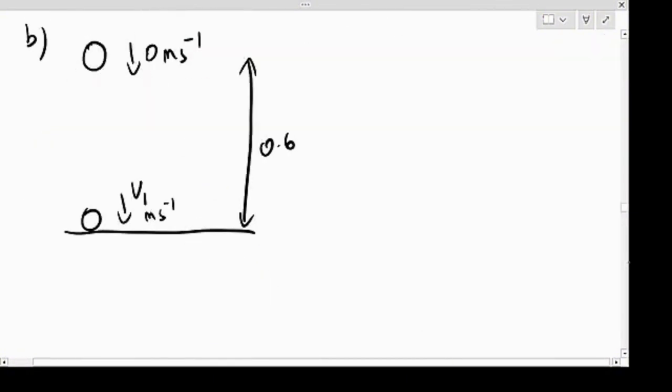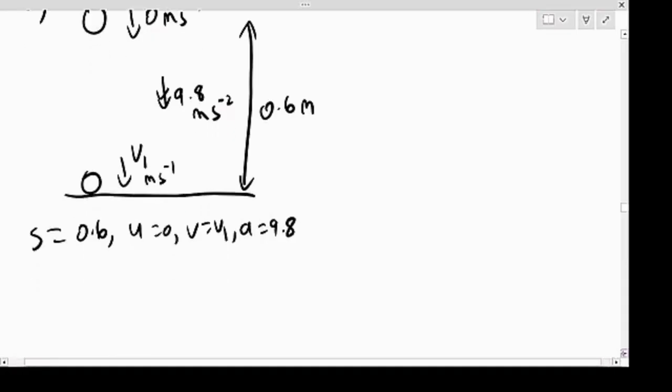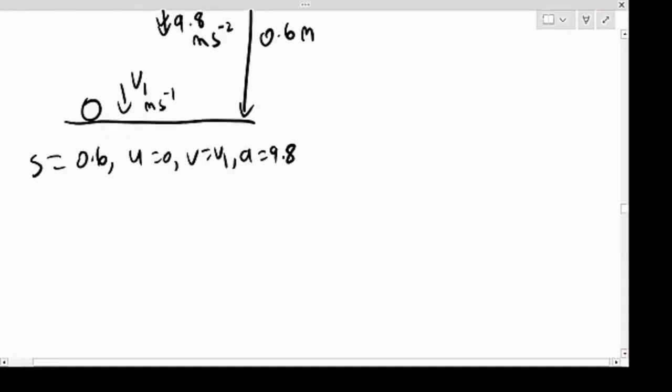Okay, so again the acceleration downwards is 9.8. So S here is 0.6, U is 0, V is V1, and A is 9.8. So that means that again V squared is U squared plus 2AS.